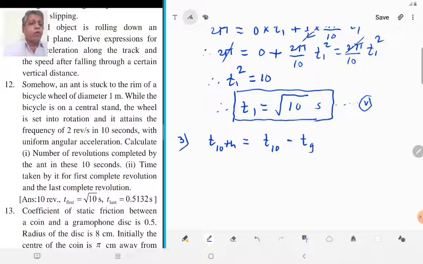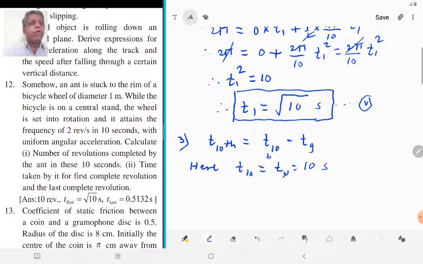This is the formula to find the time for the 10th revolution. The value of T10 is given, T10 is equal to Tn, that is 10 seconds. But T9 is unknown.